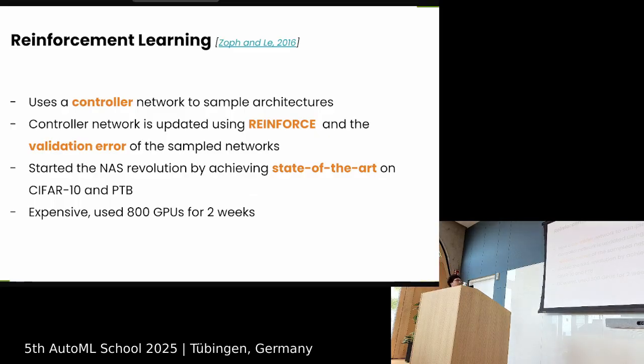As I said, it started the NAS revolution by achieving state-of-the-art performance on CIFAR-10 and PTB, which is an NLP data set. But at the same time, it was also extremely expensive, right? They ran it, I think, for 2 weeks on 800 GPUs, which, in 2016 is something else than in 2025. So it's still a lot these days, but nothing that seems so far out of reach than back then, right?